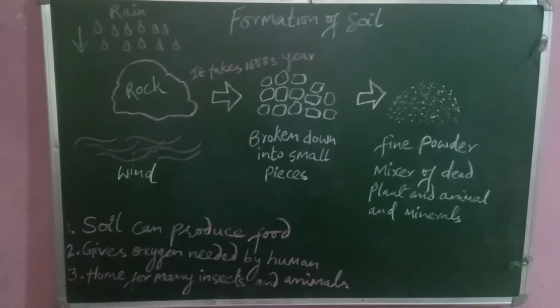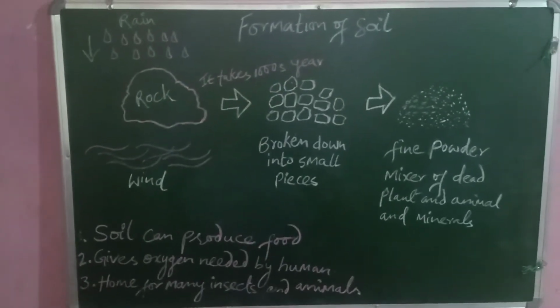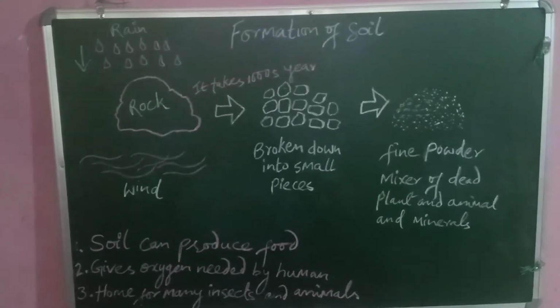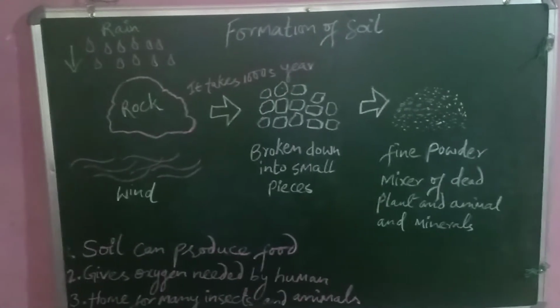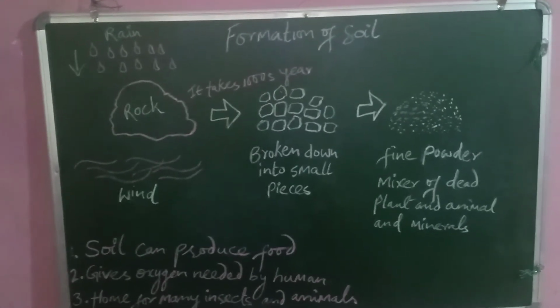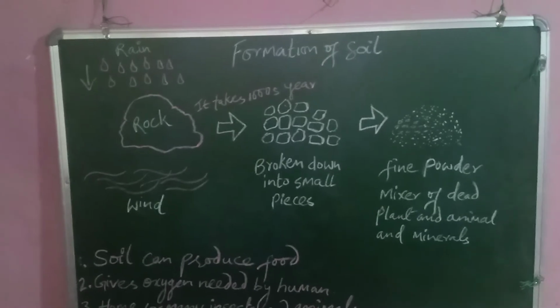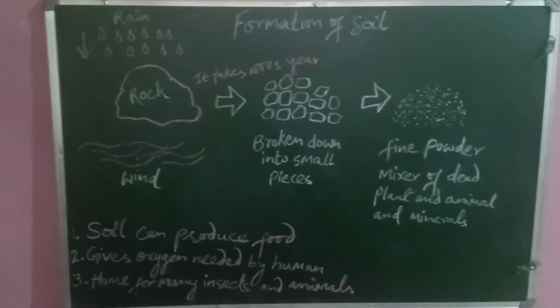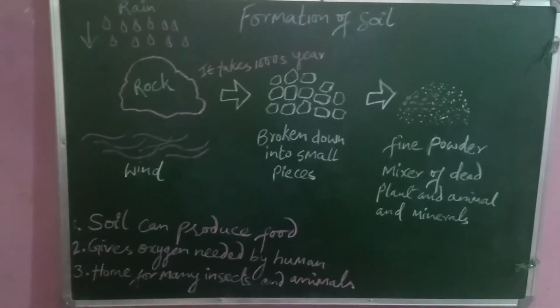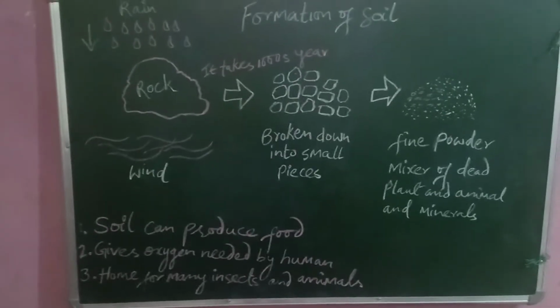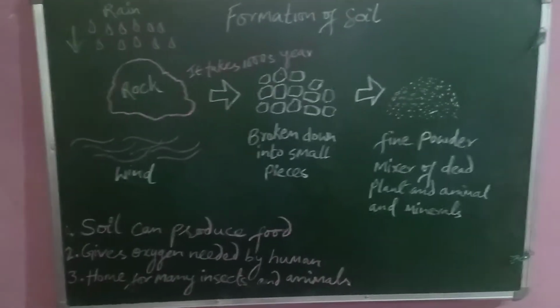Thus soil is defined as the top layer of the earth's surface which consists of sand, remains of dead plants and animals, and minerals, with some amount of water and air in it. This is the definition of soil which you need to remember.